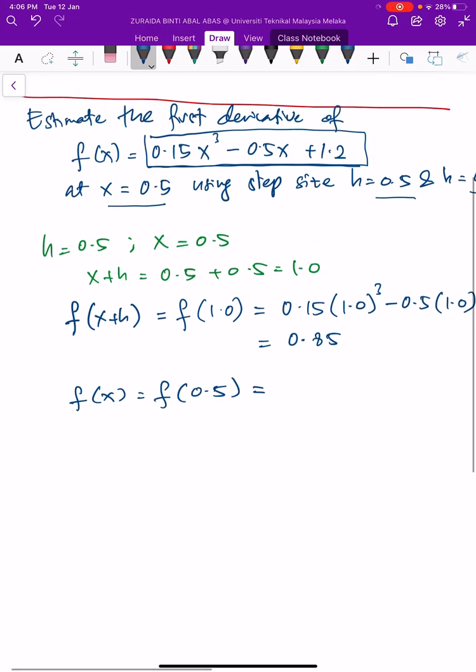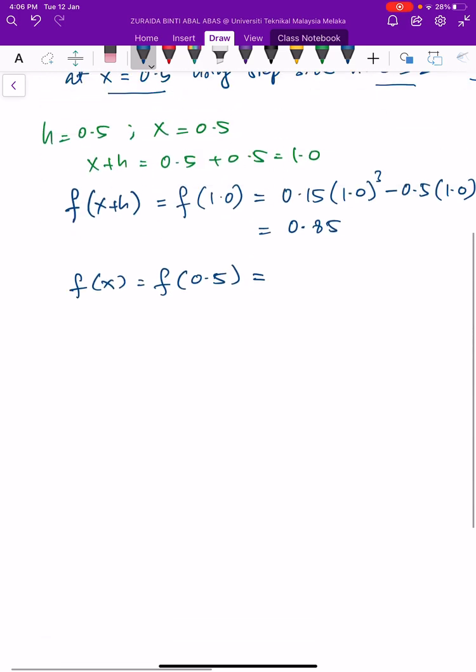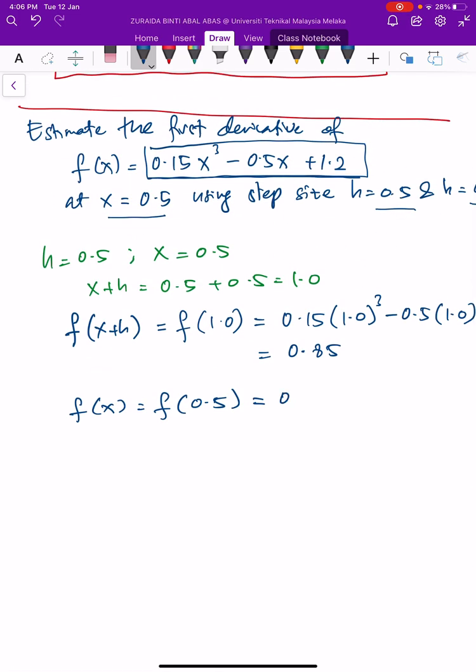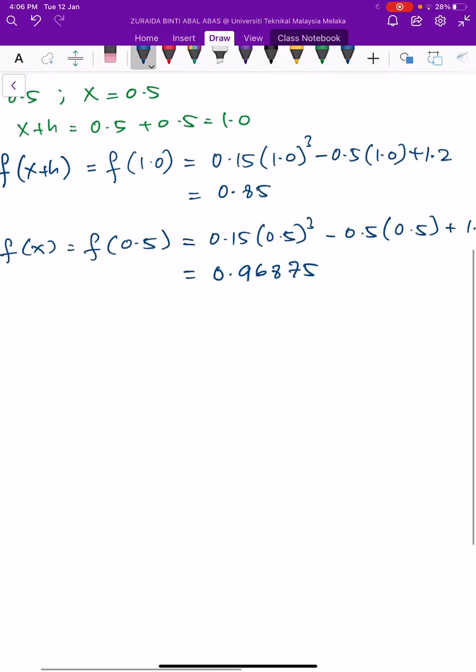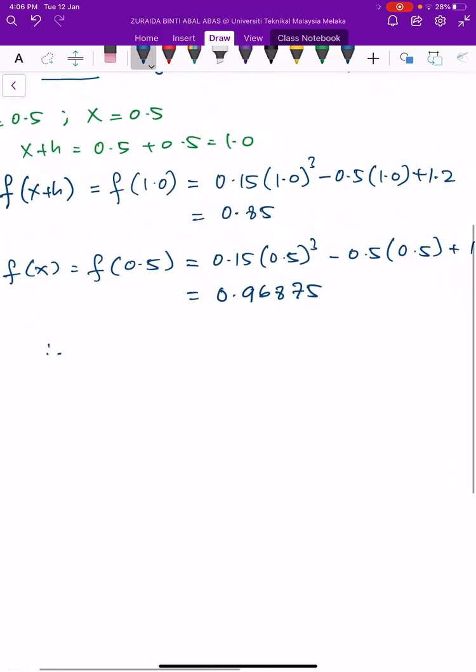Just plug into the equation here: 0.15 multiplied by 0.5 to the power of 3, minus 0.5 multiplied by 0.5, plus 1.2. You will get 0.96875. Next, you plug into the formula.